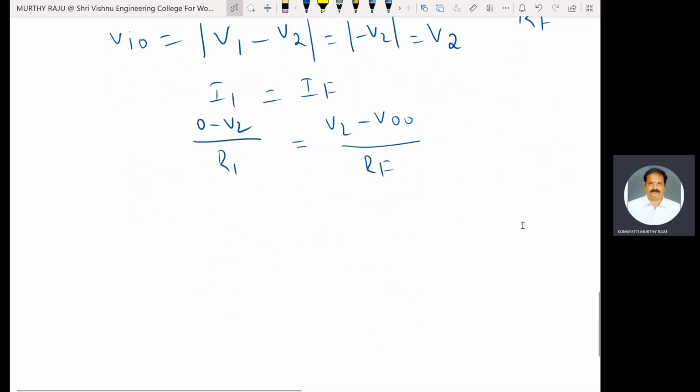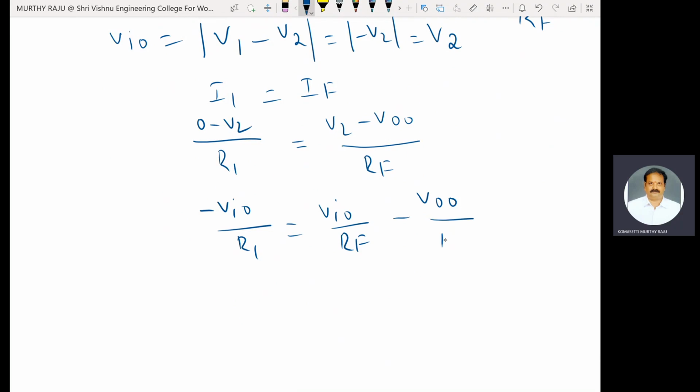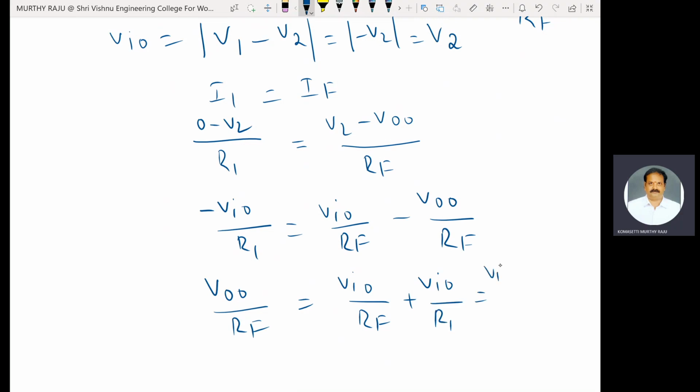So minus VIO by R1 is equal to minus VIO by RF minus V00 by RF. Bring the output offset voltage to this side: V00 by RF equals input offset voltage by RF plus VIO by R1, which is VIO into (R1 plus RF) by RF R1.